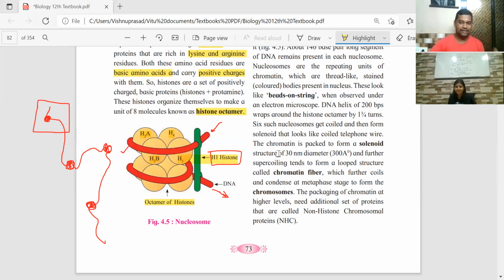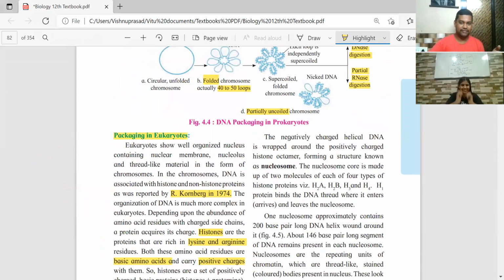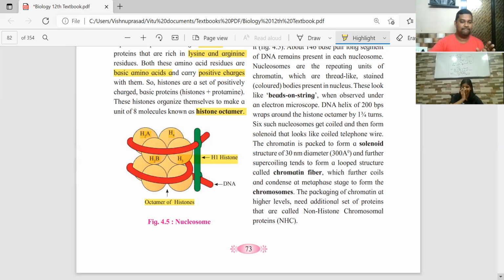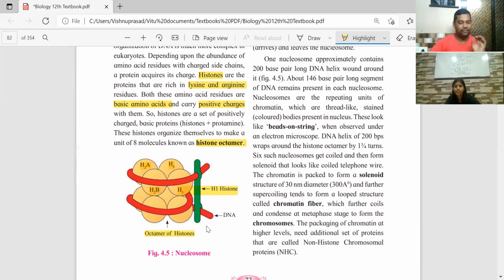Totally, how many histones are there in this whole set you can see in the diagram? Think and answer.